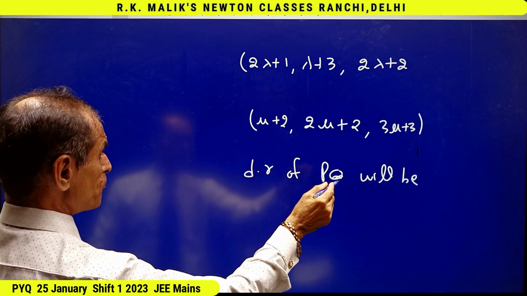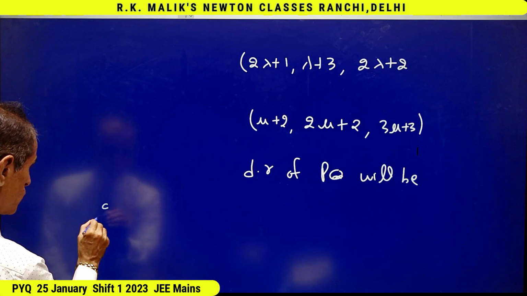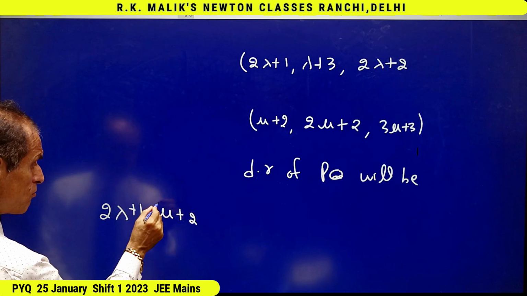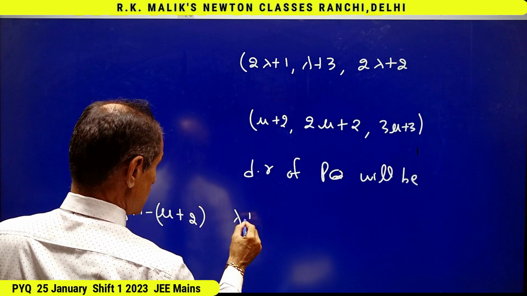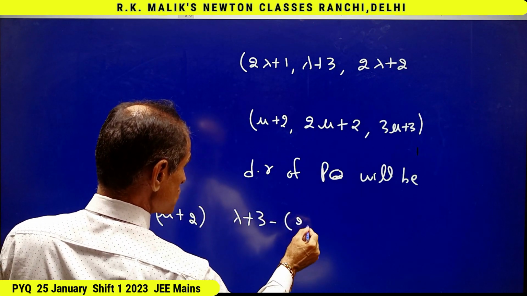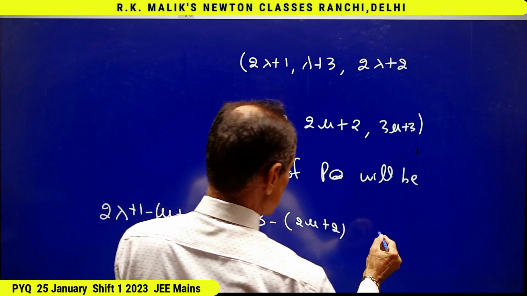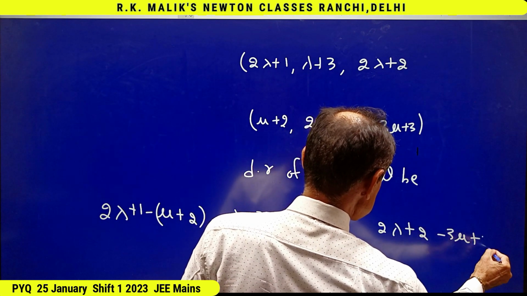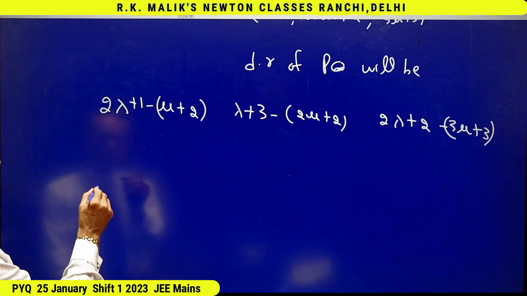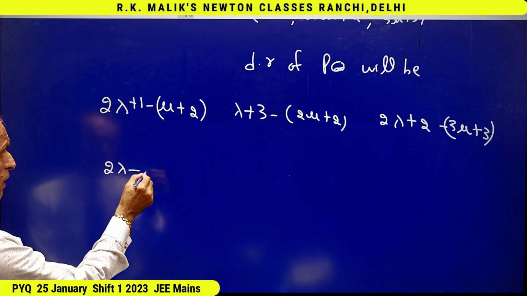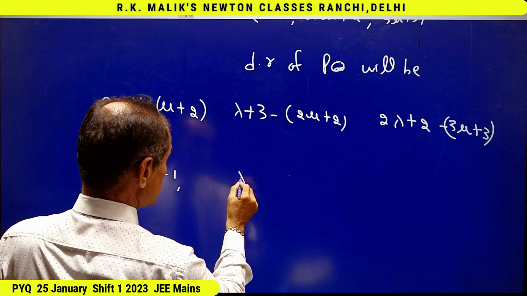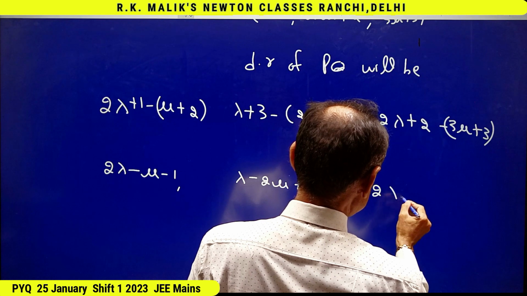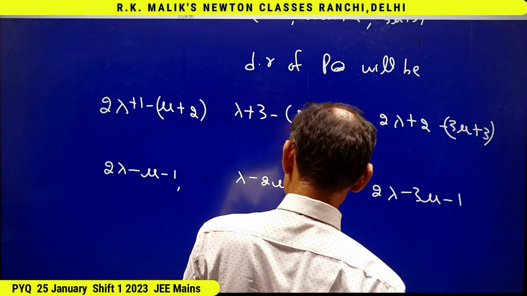Therefore, the direction ratio of the line PQ will be 2 lambda plus 1 minus (mu plus 2), lambda plus 3 minus (2 mu plus 2), 2 lambda plus 2 minus (3 mu plus 3). That is, I will get 2 lambda minus mu minus 1, lambda minus 2 mu plus 1, 2 lambda minus 3 mu minus 1.